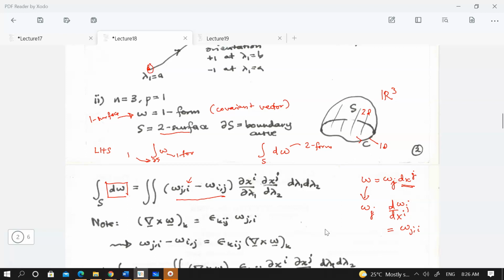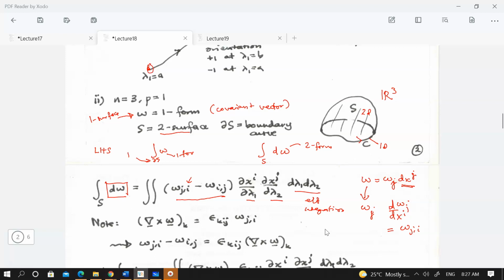So your I and J run from 1 to 3, but the thing that you want to define is just the surface, so you have to take the derivative with respect to the parameters of the surface and then multiply with that sort of integration element. Okay, so that is the content of this exterior derivative of omega integrated over the surface.